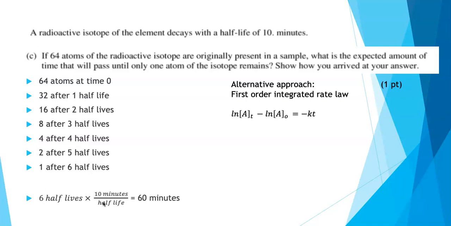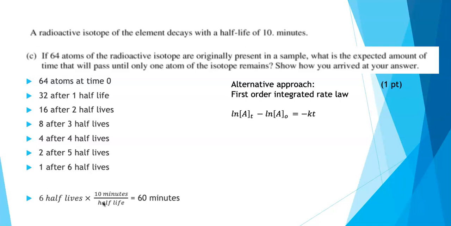To do this approach, you do need to use your rate constant from part B. If it had been 3.72 half-lives, this would be the way to go. AP Chemistry students do need to be able to use this approach, and it's certainly fair game to ask you to use it in this problem.